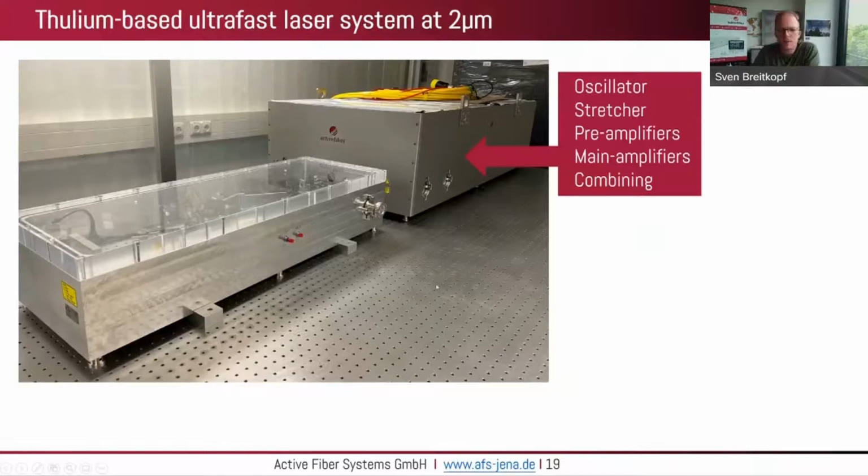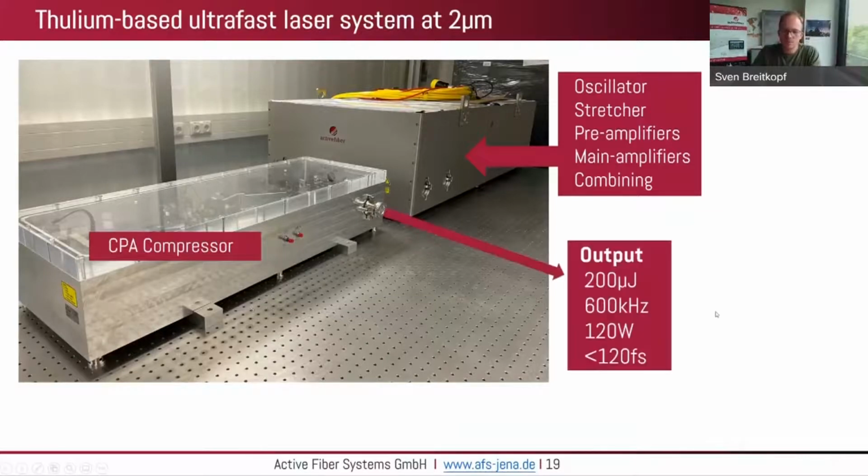This was a couple months ago or a year ago, maybe. As you can see, it's a scientific system, so it's on an optical table. And this box basically contains the oscillator and this entire pulse amplification scheme, so a stretcher, some preamplifiers, main amplifiers. There's also a combining system. So you use many parallel channels. And this is the compressor, the CPA compressor.